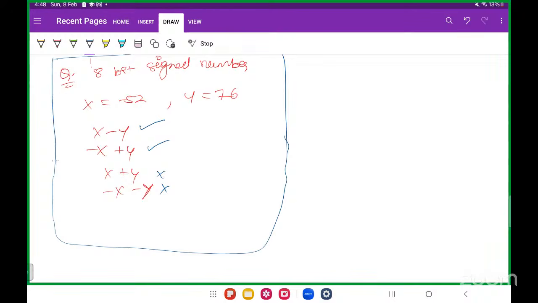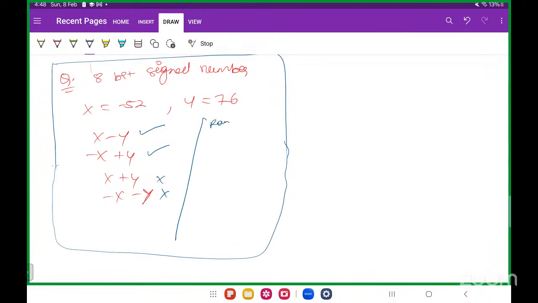In 2's complement there is no overflow, but with the sign bit there is an overflow. In exactly the same way, x minus y and y minus x will give overflow, while addition of both will not give overflow.